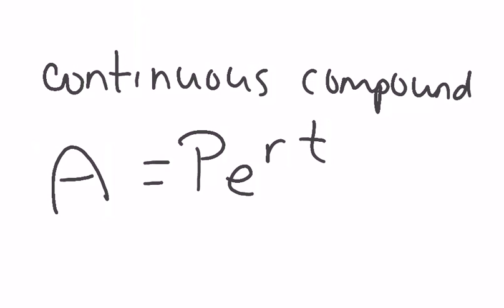It'll either just be E or it'll be E to the X. Either way, that's the button you're going to want to use when computing these numbers. Again, P is the principal, R is the rate as a decimal, and T is time in years. So I just wanted to explain those a little bit so that you understood what the pieces were to those formulas you're going to be using.